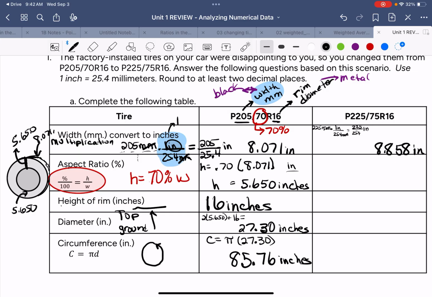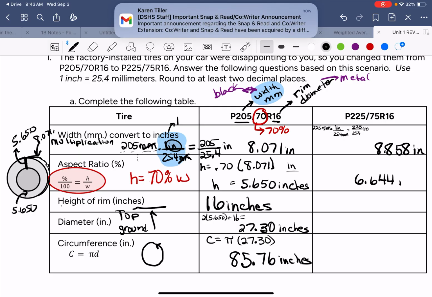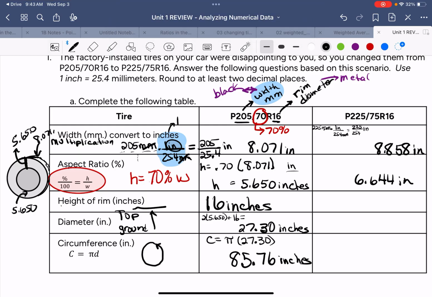I'm just going to write the answers on these. Okay, going to clear that out. 8.858 divided by 25.4 gives me, 8.858 times 75% is 6.644 inches, okay, because this one is 75%.